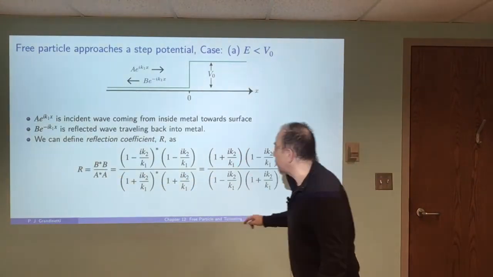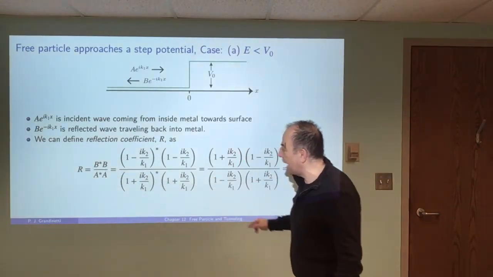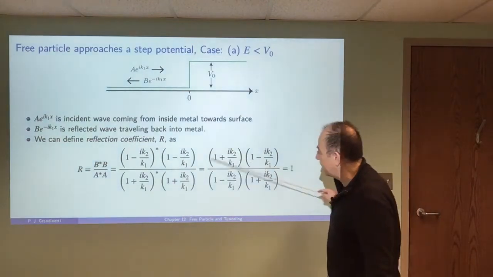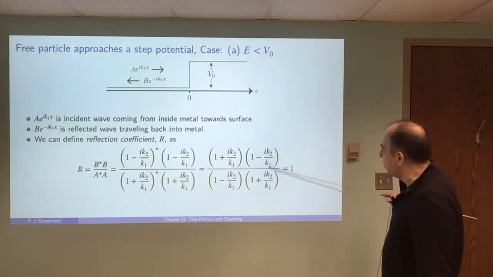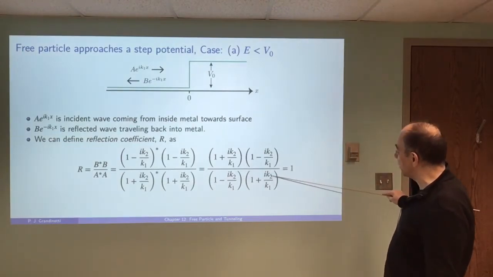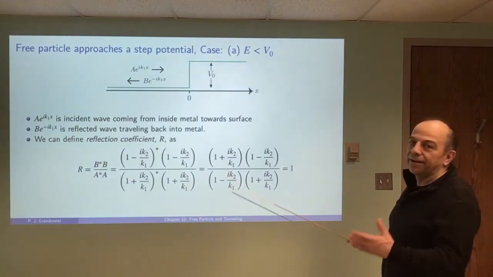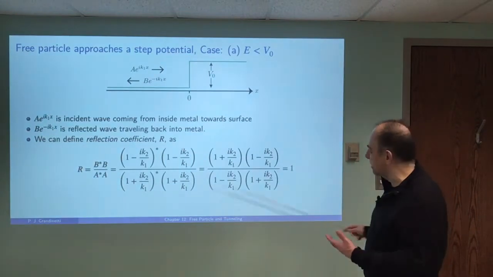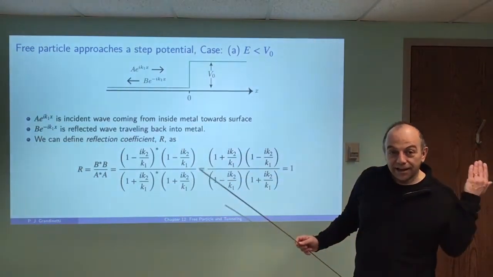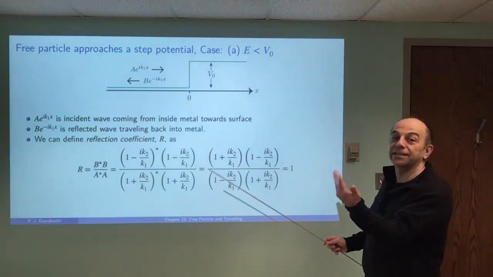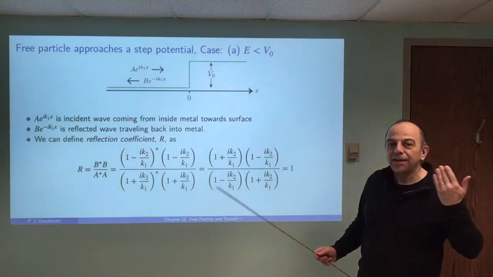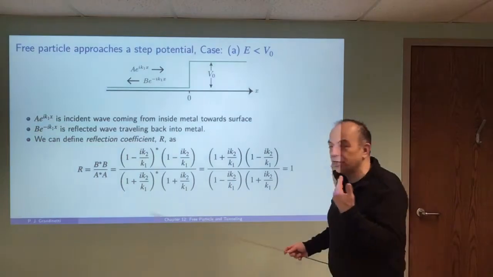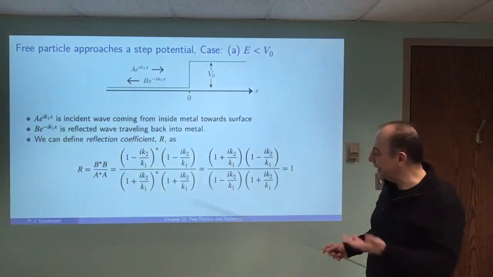So we take our expressions for A and B and substitute them in, and after some more algebra, it all comes out to be 1. That seems like a lot of work to see something kind of obvious: as the particle approaches this barrier, it doesn't have enough energy to overcome the potential energy, so it bounces back. So the reflection coefficient is 100% in this case.